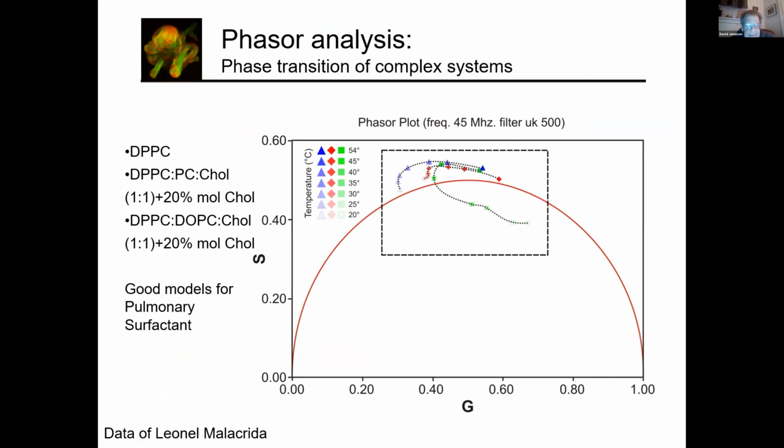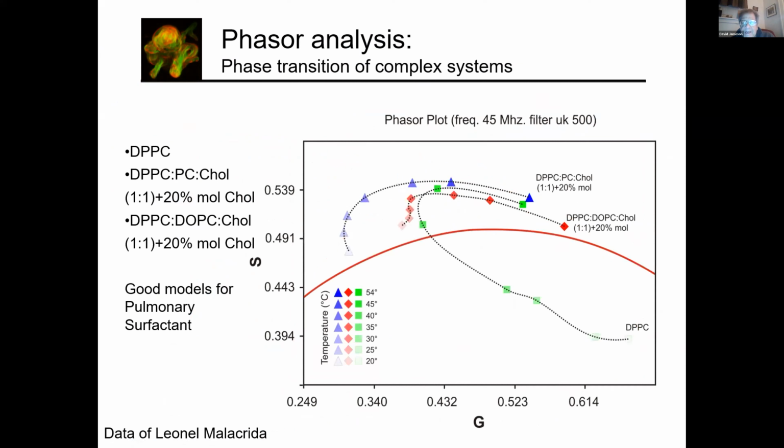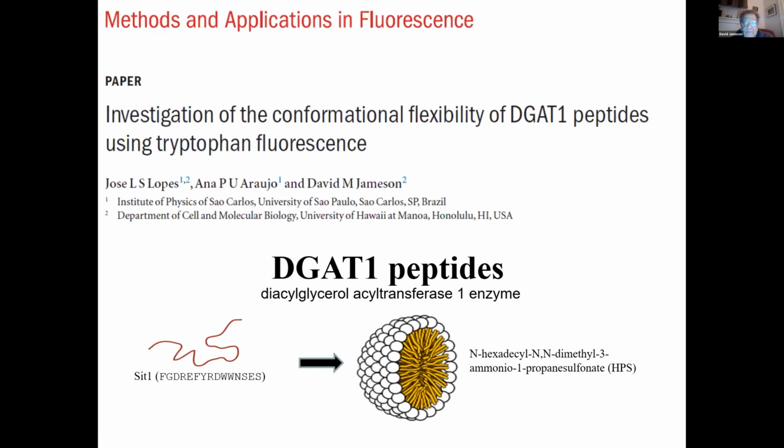And here's some work that Lionel actually did, this data in my lab when he was a graduate student, and not to pick on him, but I don't think this is published yet, but that's another story. But we can see again, you can't analyze this data using single exponential decays. They're non-exponential, but using the phasor method, you can track what's happening, in this case, as a function of different lipids with different cholesterols and different temperatures. And it's just such a nice method to follow these processes.